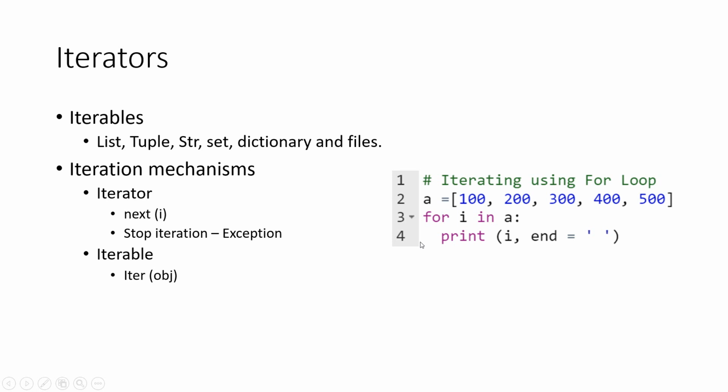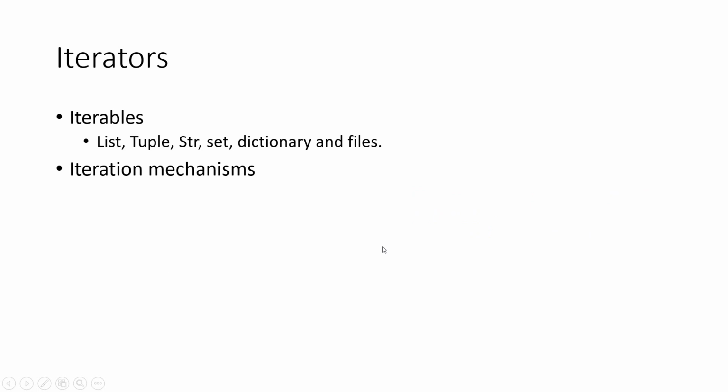How is it actually implemented? If you look into it, there are two mechanisms in the iteration mechanism, having two important elements. The first one is called the iterator. The iterator is the first element in the iteration mechanism. What this iterator does is help us iterate through the sequence, or through the iterable object.